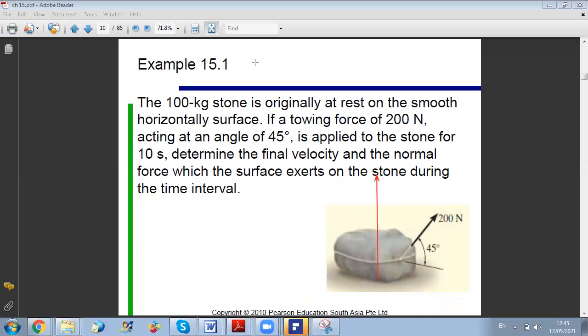So if I want to write it in y, I have m v1y plus the integral from 0 to 10 of sum of Fy dt equals m v2y.